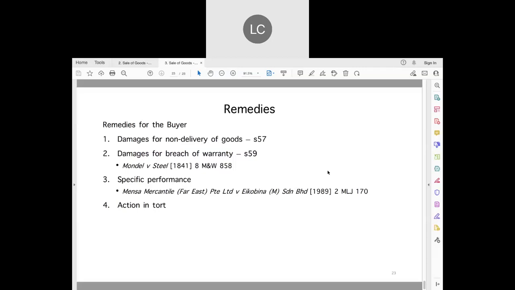So 59(1) paragraph A is applicable when the seller sues for the price. The buyer is entitled to set up as a defense the breach of warranty in diminution or extinction of the price. This means that because of the breach committed by the seller, the price has thus diminished or is extinct. So as a result, the buyer is not paying the price.